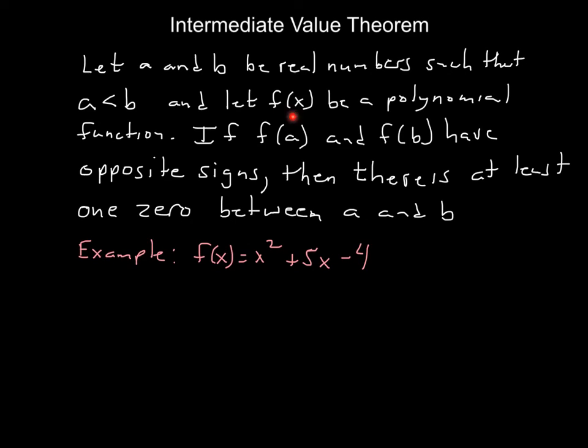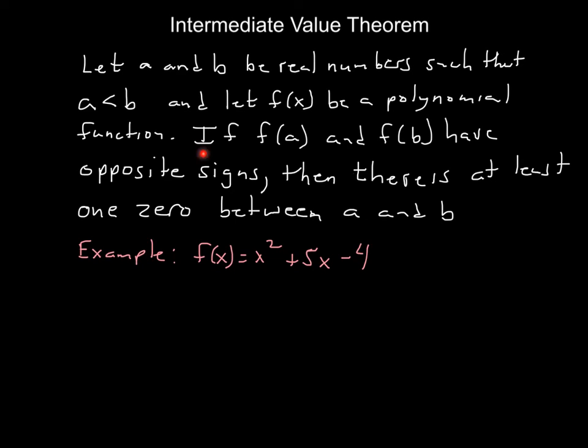And we're going to let f of x be a polynomial function. Now, the nice thing about a polynomial function is the domain is all real numbers. So I know that I can plug a in for x into this polynomial, and I can plug b in for x and get function values.